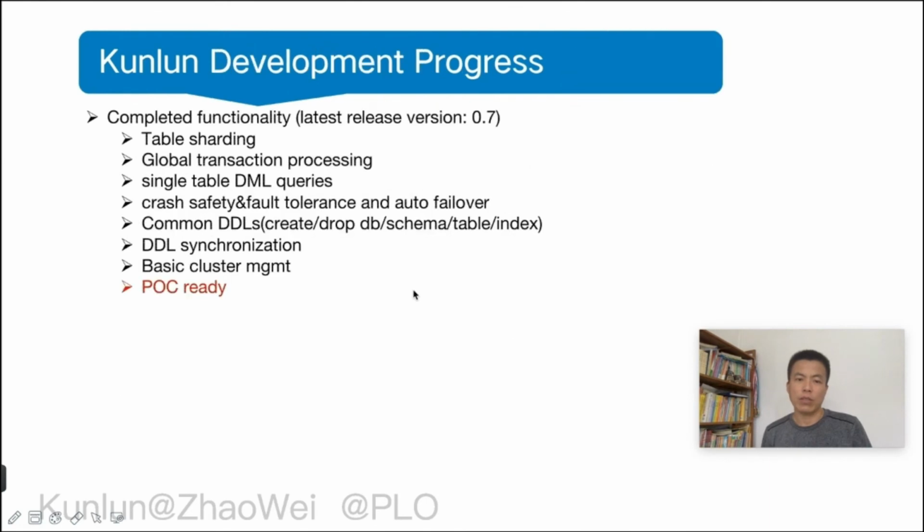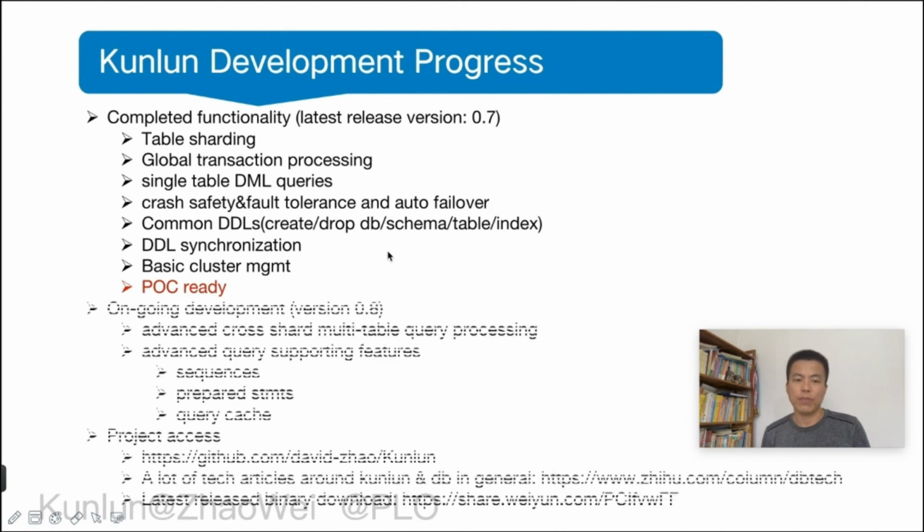Currently, these functionalities have been completed, and recently Kunlun 0.7 was released, and it's POC ready. So you are welcome to do some POC tests and see if Kunlun can work for your solutions.